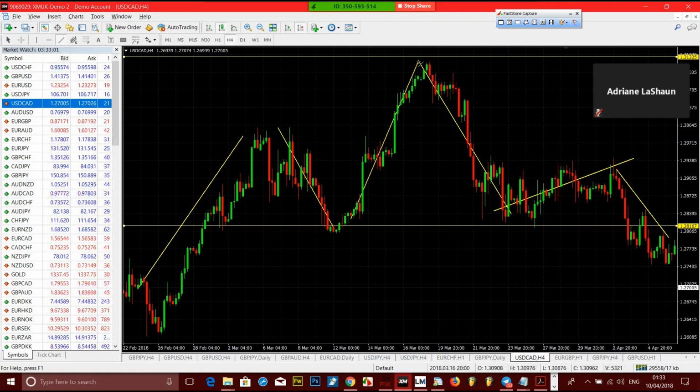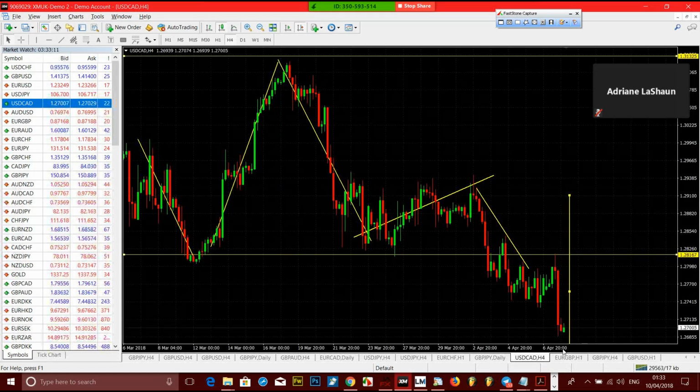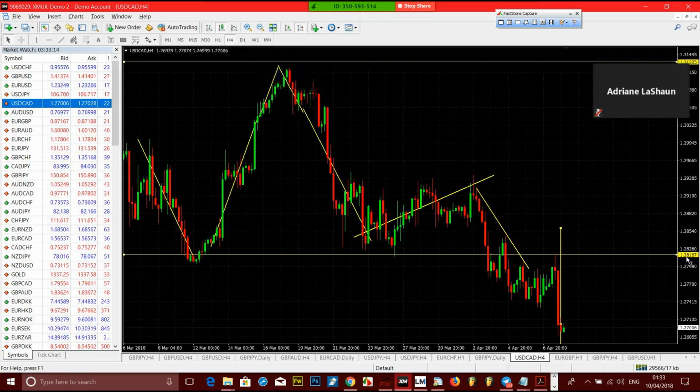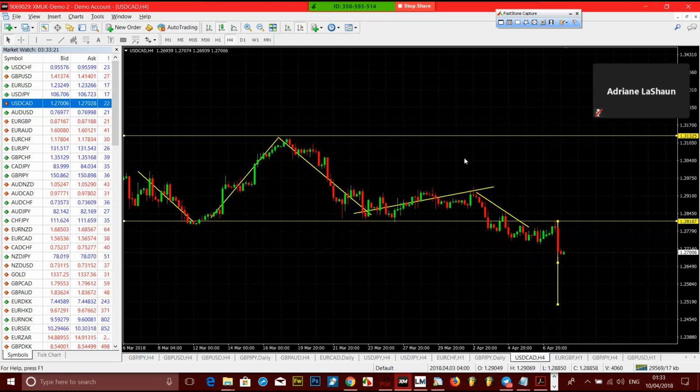So my TP would be from here down to here. All things remaining equal, this is where we're going. So this is where my TP would be.